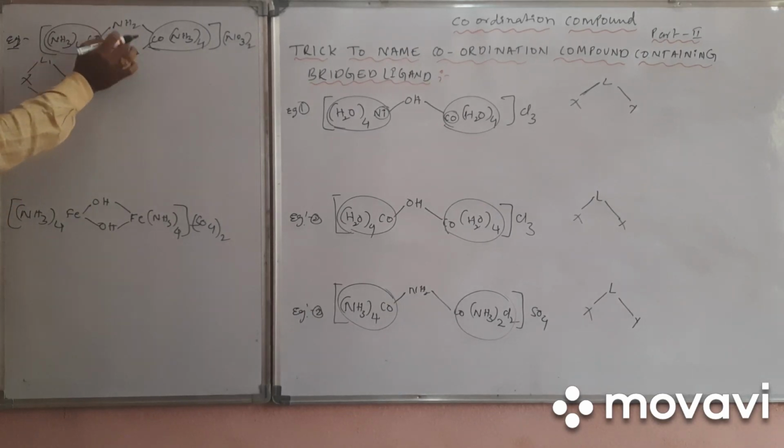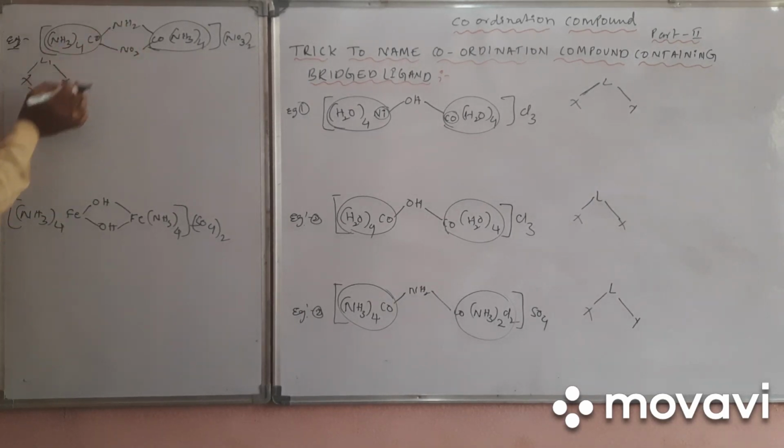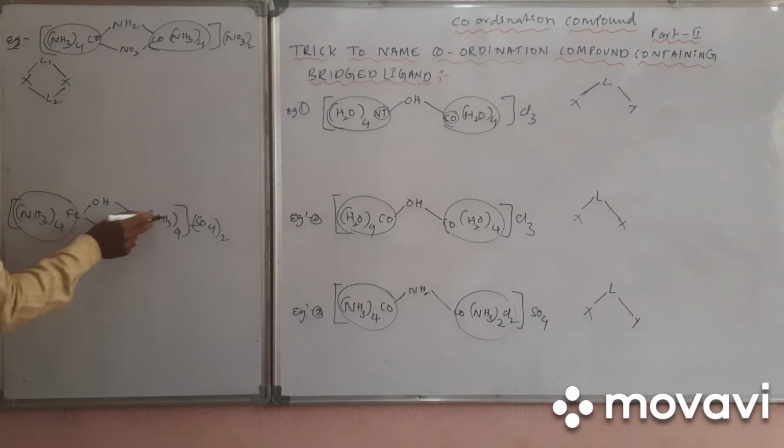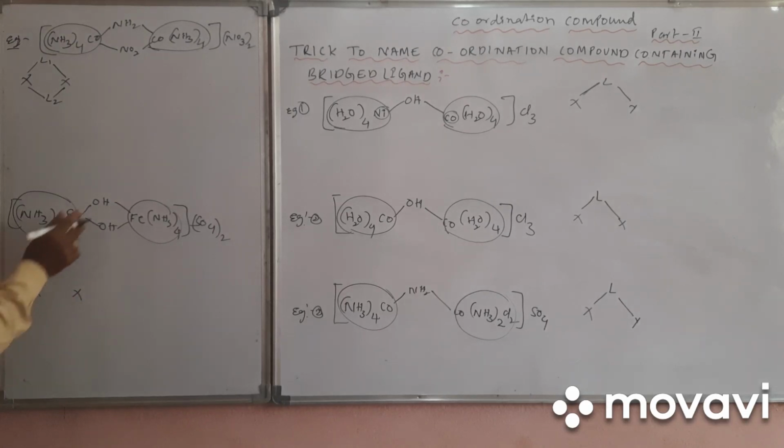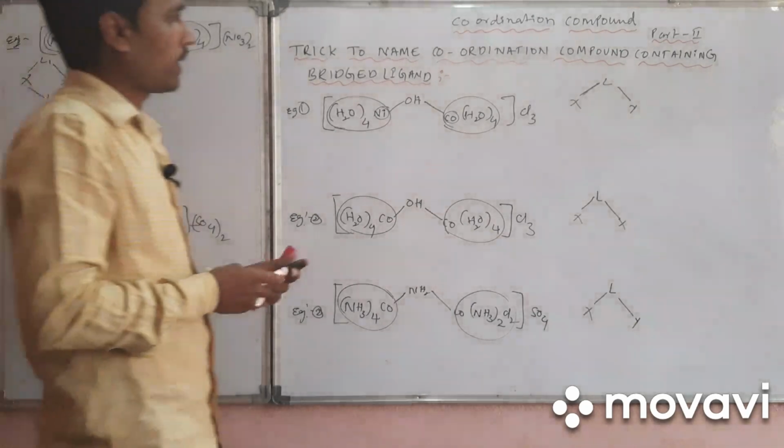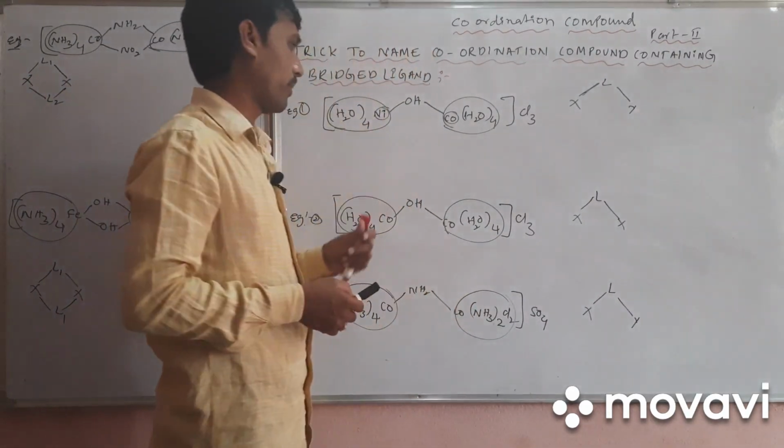These two ligands are different, that's why this is L1 ligand, this is L2 ligand. In this case, these are all the same, that's why we use X. This is X bridged with the same ligands, that is L1. This is also denoted L1.